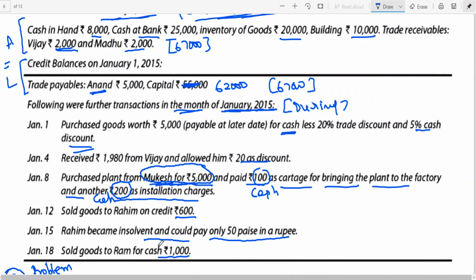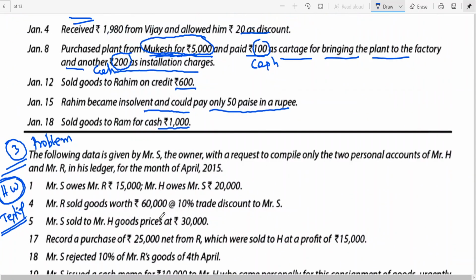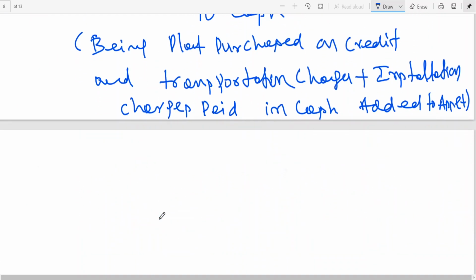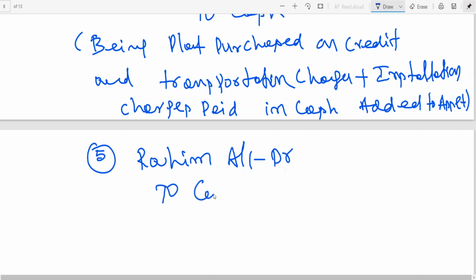Then next, sold goods to Rahim on credit. Rahim account debtor to sales account.